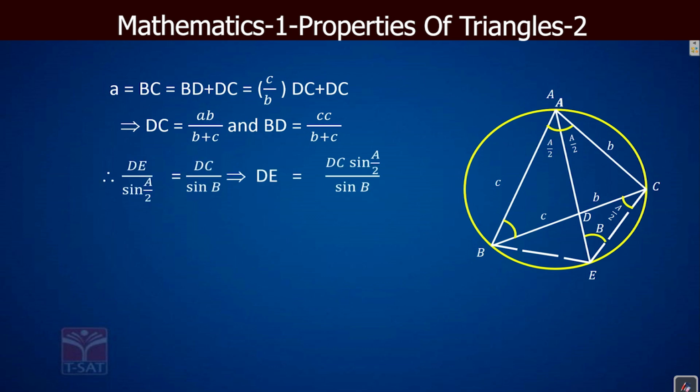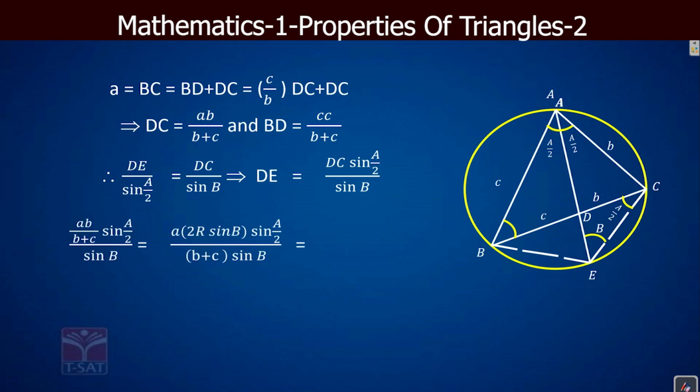So therefore DE by sin A by 2 is equal to DC by sin B, which implies DE is equal to DC sin A by 2 by sin B. So that means ab by b plus c into sin A by 2 by sin B, which is equal to a into 2R sin B into sin A by 2 by b plus c into sin B. If you simplify it, then you get a square secant A by 2 by 2 into b plus c.